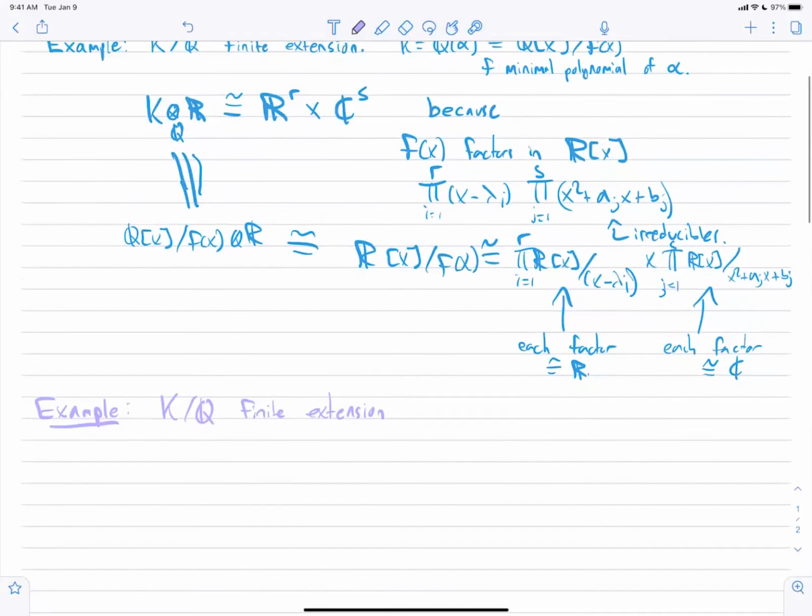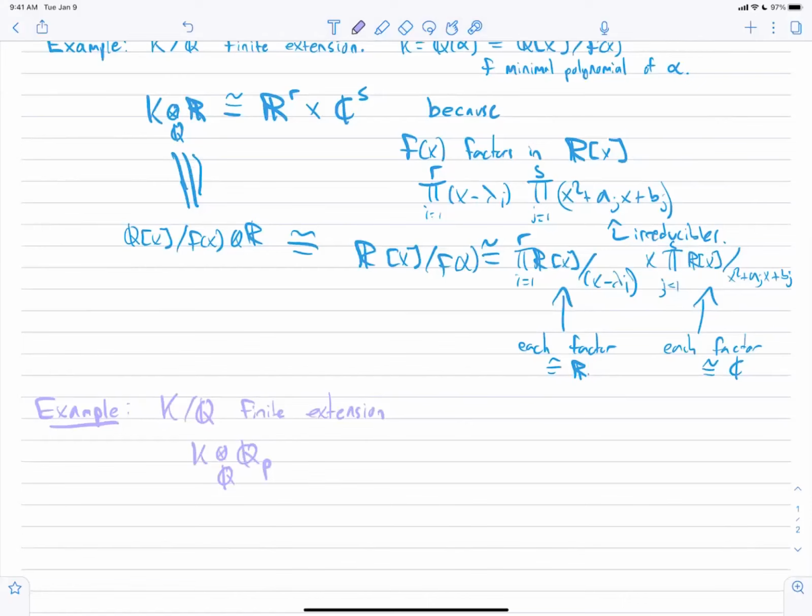Well, it will turn out that if we take this thing and tensor it with Q_p instead of with the real numbers. In the real numbers, we got that just by completing for the Archimedean absolute value, but we could also compute it for any p-adic absolute value and see what we get.